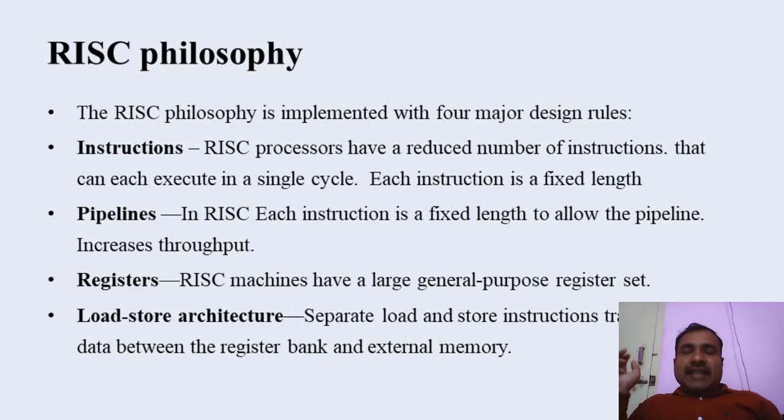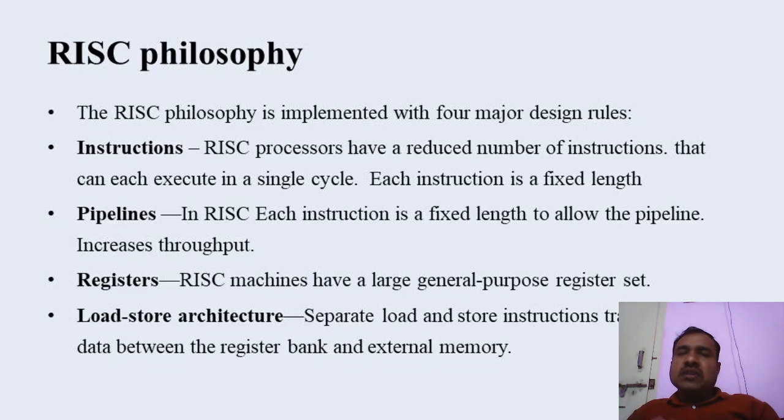The second design rule is pipeline. RISC has been designed such that each instruction is of fixed length, so the processor will fetch an instruction before the first instruction has finished executing.